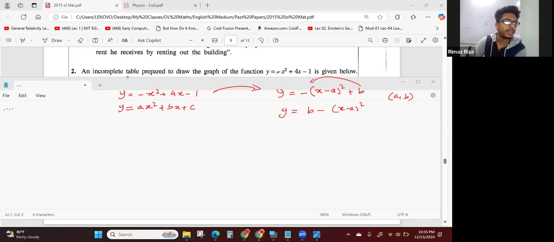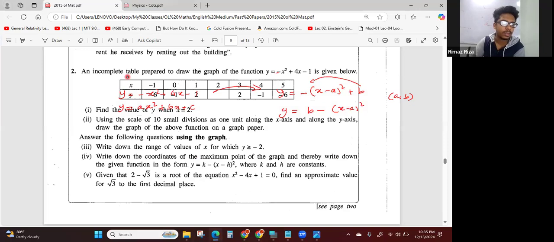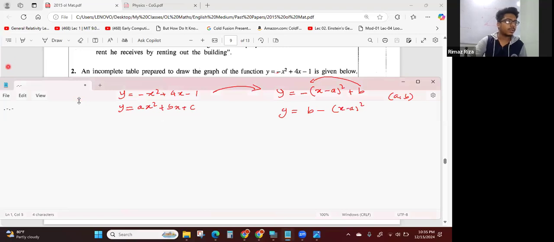Here they have given k and h instead of a and b. So the same equation, you have y equals k minus x minus h squared. So the coordinates of the turning point will be h comma k.